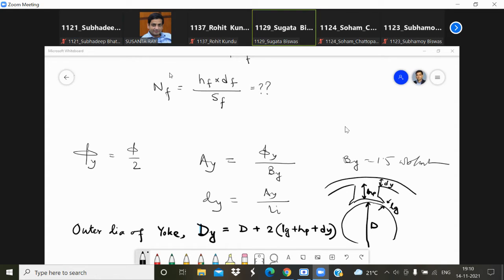Sir, my 60 kilowatt machine and my depth is coming as 66.26 millimeters. Little bit high. Sir, I have a 30 kilowatt machine and my depth is coming as 24 millimeter. 24 millimeter is quite less.